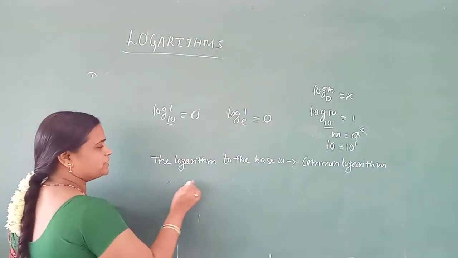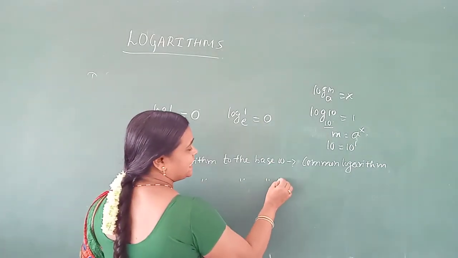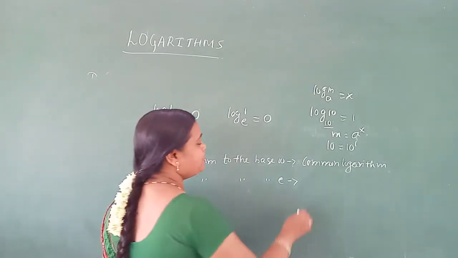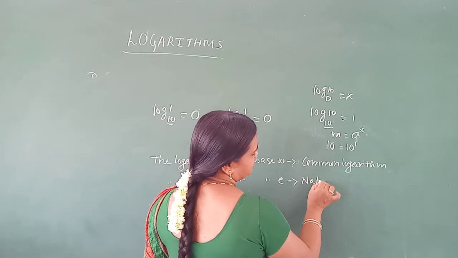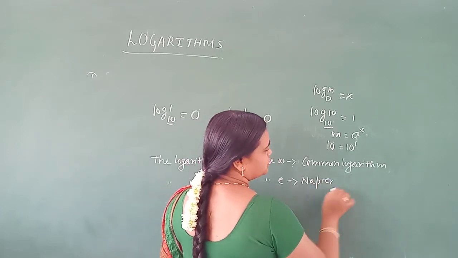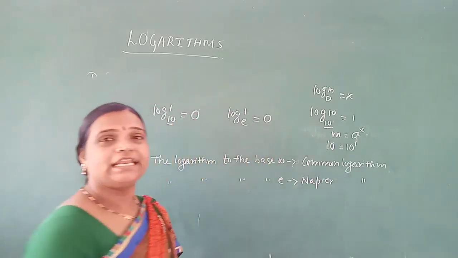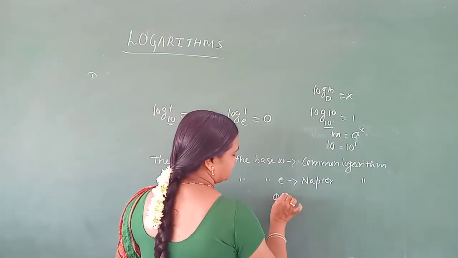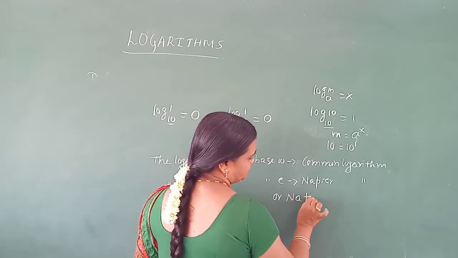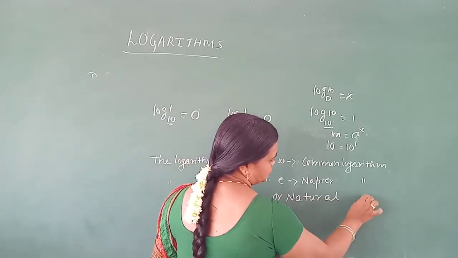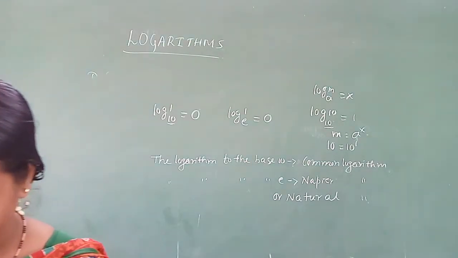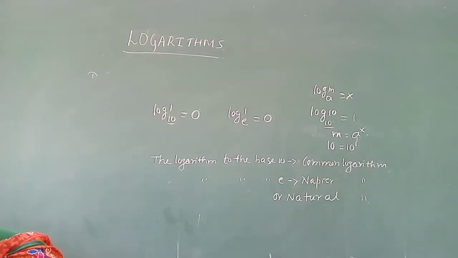Next, the logarithm to the base e, we call it Napier logarithm, the name of the scientist who introduced it, or else we call it by another name, natural logarithm. Okay. This is how we can define logarithm.